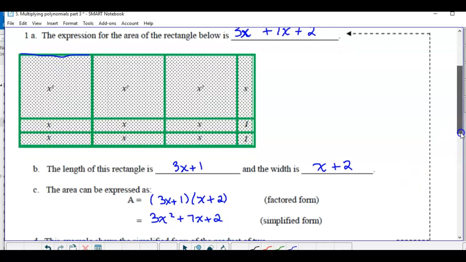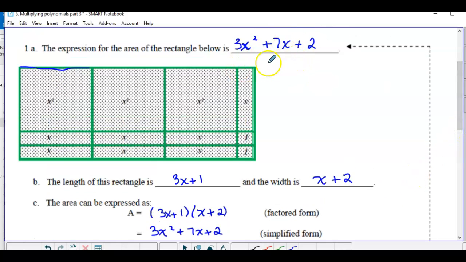We consider this to be simplified form, remember, because there are no brackets and you've collected all the like terms, if there are any. You basically added up all the different tiles.